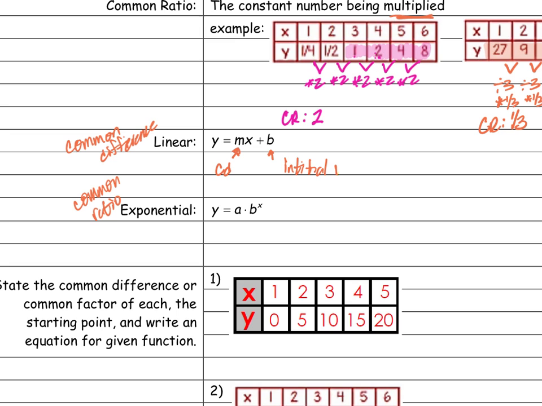Initial value, which could be called a starting point. Okay, and I also call it the 0th term. So there's several different ways you're going to hear it, but it's all when x equals 0. So if my table doesn't tell me what it is, I have to figure it out. Okay, so I want to know what the b is in my linear equation when x equals 0. What does y equal?